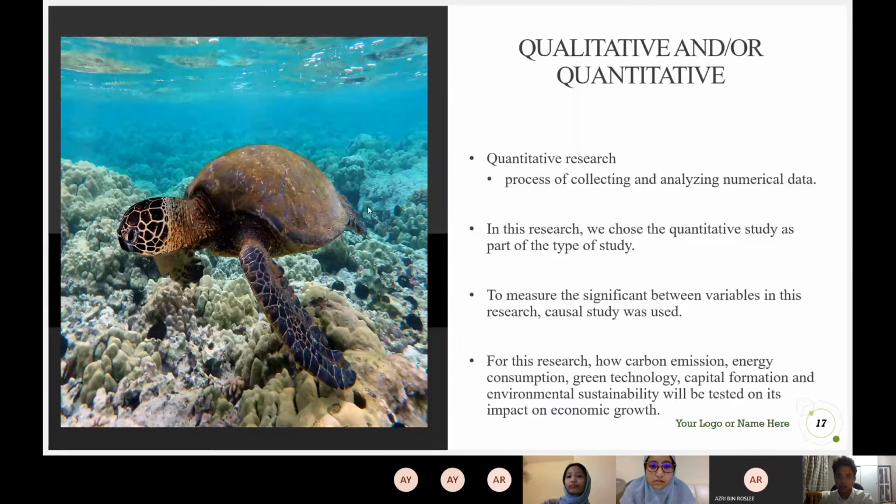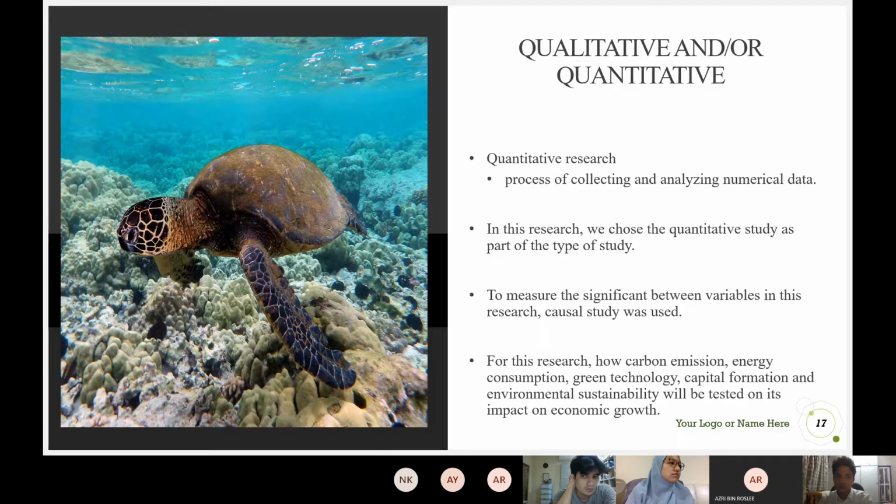Okay, for methodology, I will be presenting about the qualitative or quantitative. In our research, we chose to select a quantitative research. Quantitative research is the process of collecting and analyzing numerical data.